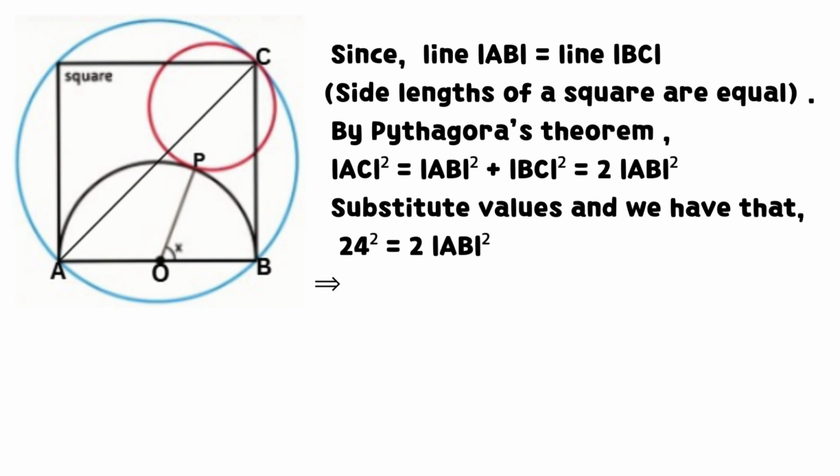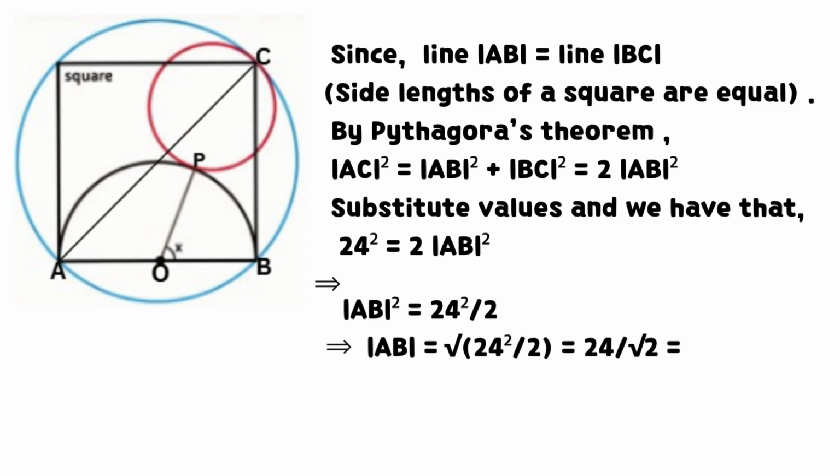Substitute values and we have that the square of 24 equals 2 times the square of line AB. It implies that the square of line AB equals half the square of 24.